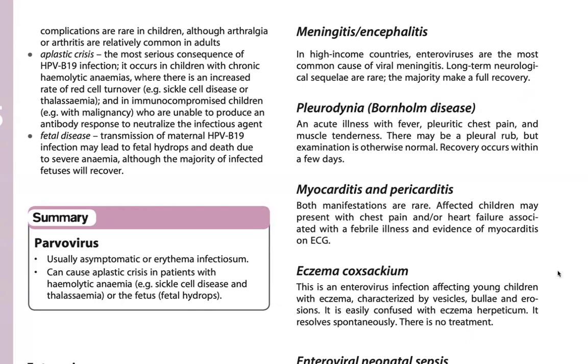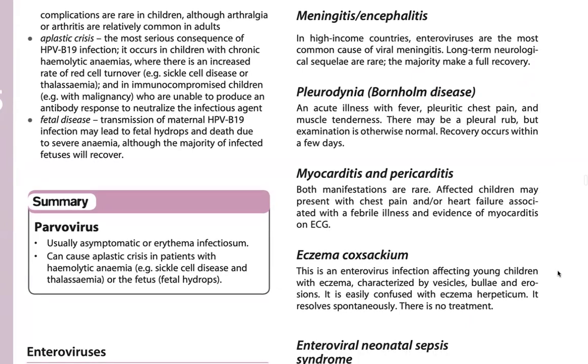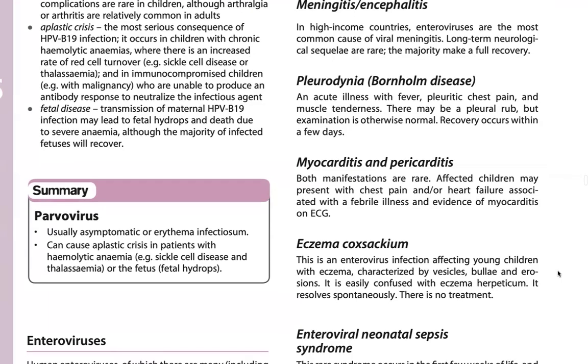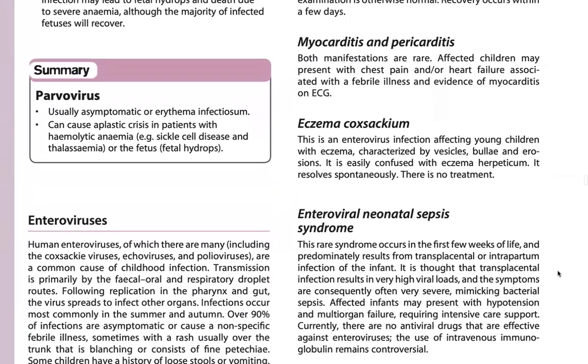Fetal disease: transmission of B19 infection may lead to fetal hydrops and death due to severe anemia, although the majority of infected fetuses will recover. In summary, B19 is usually asymptomatic, erythema infectiosum is common, and it can cause aplastic crisis in patients with hemolytic anemia, sickle cell disease, and thalassemia, or fetal hydrops.